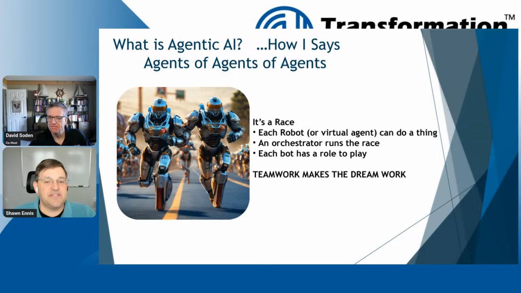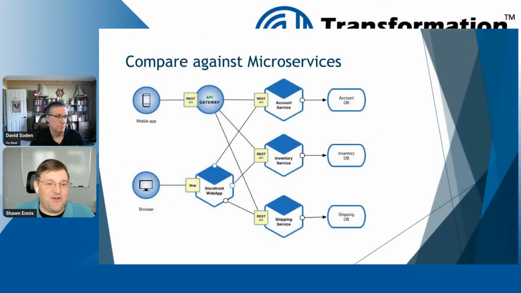And this is a very common concept that we should all be familiar with, because it's microservices. If you have been around for the last 10 to 15 years, you've probably heard of Open API, not OpenAI, Open API, and microservices.